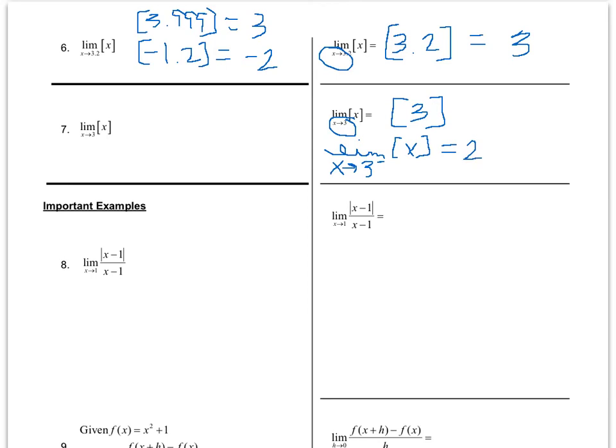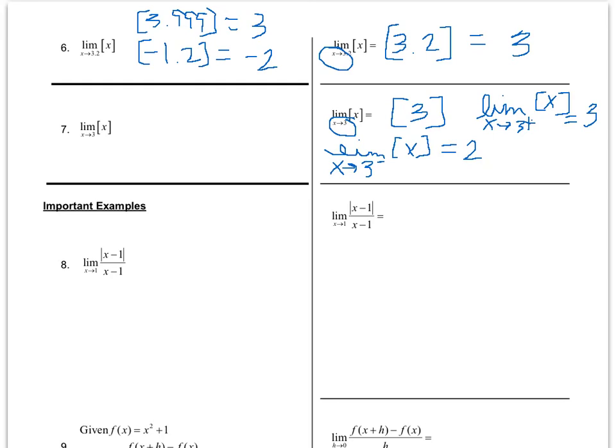If you approach the limit as x approaches 3 from the right, so think about numbers that are just slightly above 3, maybe 3.00001, that's from the right, by the way, those are going to round down to 3.